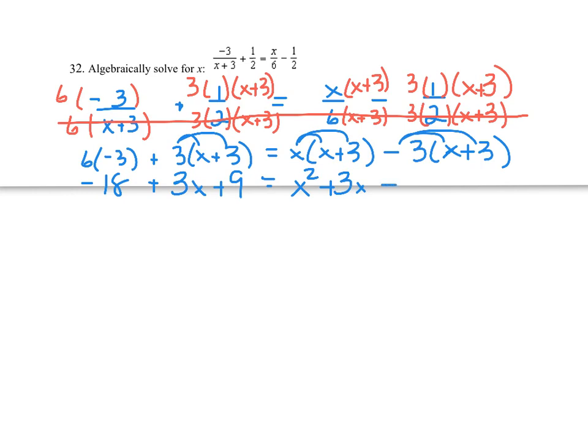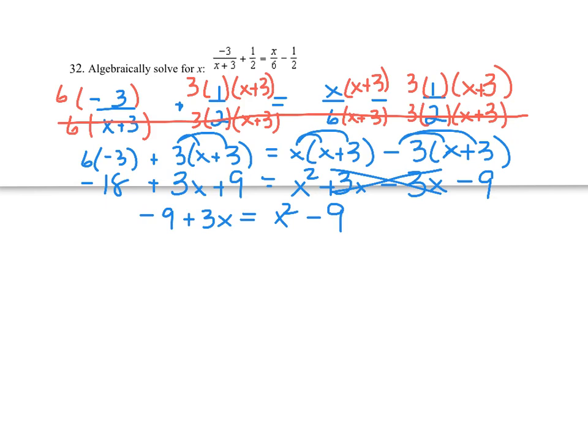So that's going to be minus 3x minus 9. And let's try to combine some like terms here. So on the left-hand side, I'm going to get negative 9 plus 3x. And on the right-hand side of the equal sign, I'm going to get x squared. Oh, look at that. Those 3x's are going to cancel out. Minus 9. So I have a quadratic here, and they want me to solve.